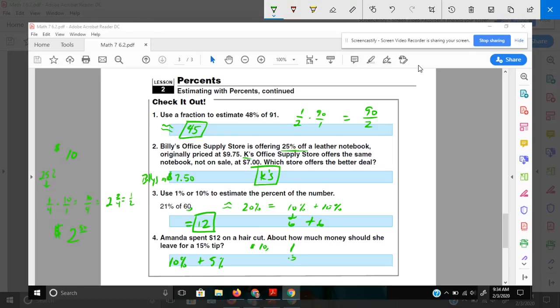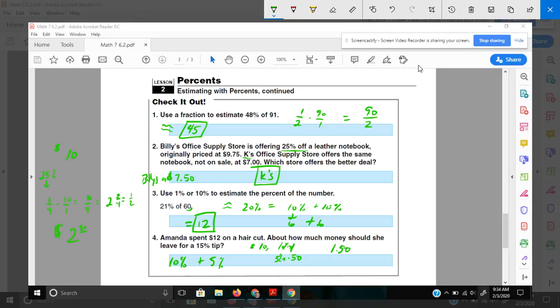Well, that would be 0.5, right? So 10% is $1, and 5% then is half of that, which is $0.50. So you'd add that together to get $1.50.